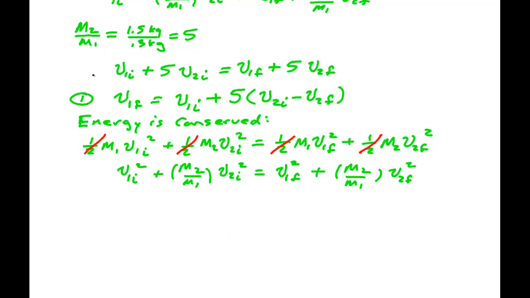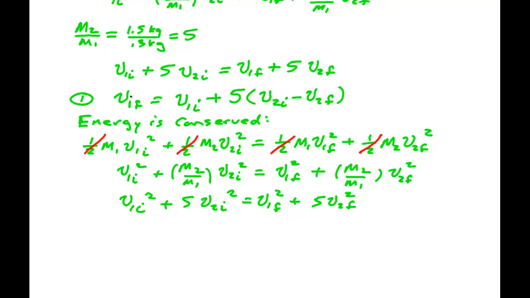I can go ahead and replace that with 5: v1I squared plus 5 v2I squared is v1F squared plus 5 v2F squared. In the same way that I did previously, I want to simplify this equation.